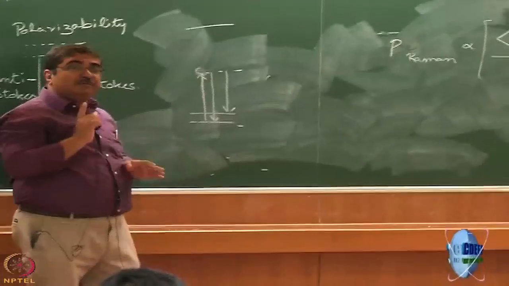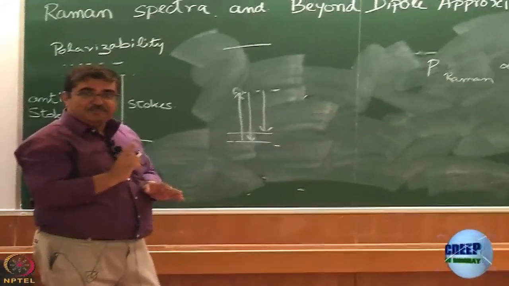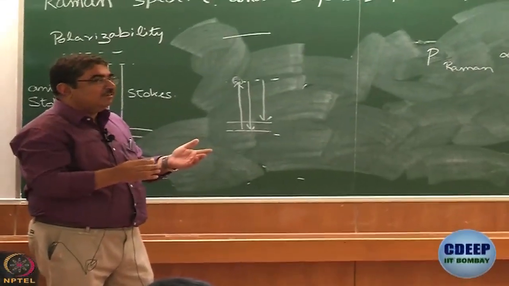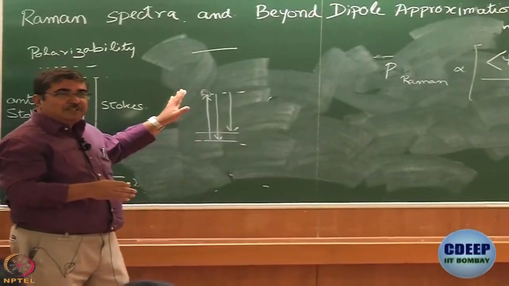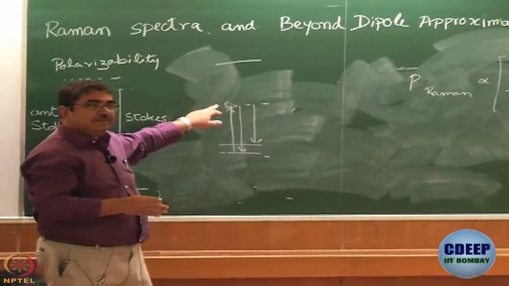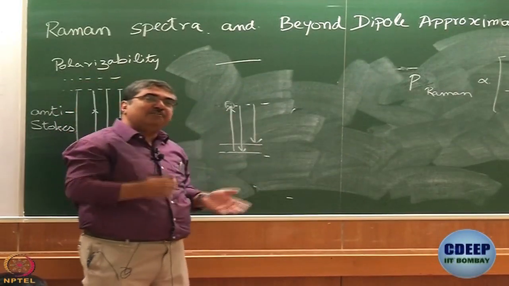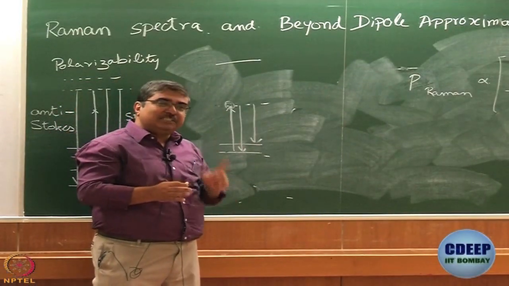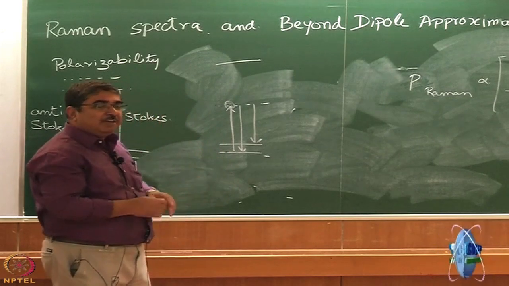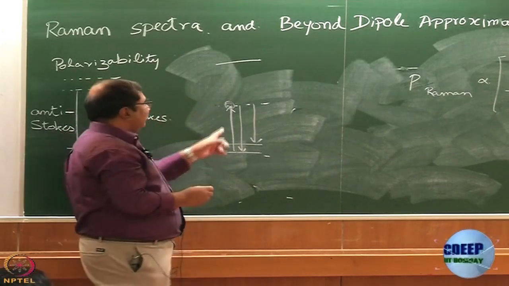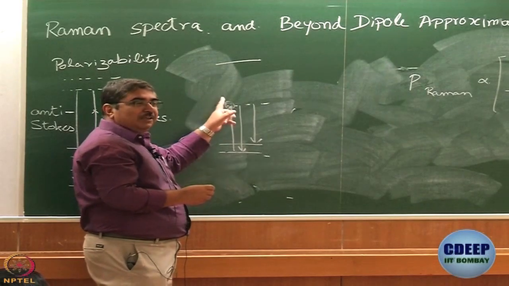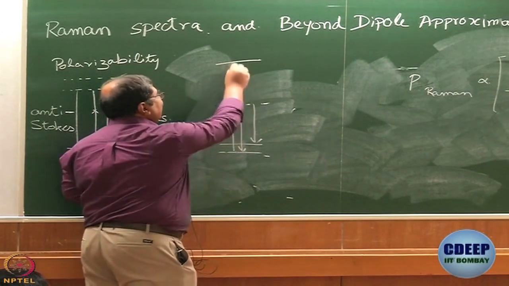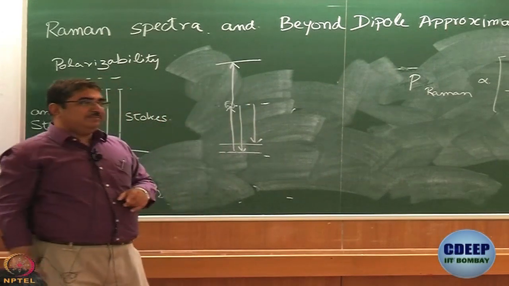Do not forget, lifetime of virtual state is 0. Of course, nothing is 0, but very small. So, at the instant of excitation, if you have a large number of photons, then it is possible for another photon to take the molecule from this virtual state to this stationary state.